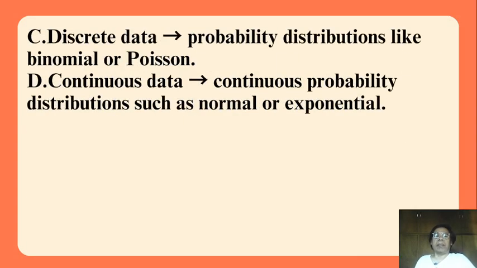Discrete data, probability distributions like binomial probability or the Poisson probability. Continuous data, these are continuous probability distributions such as normal probability distribution or exponential probability distribution.